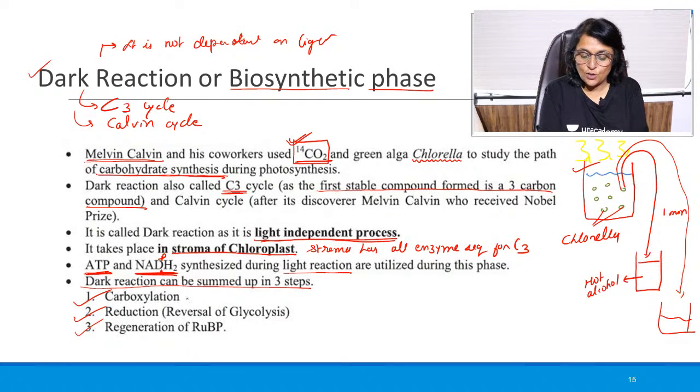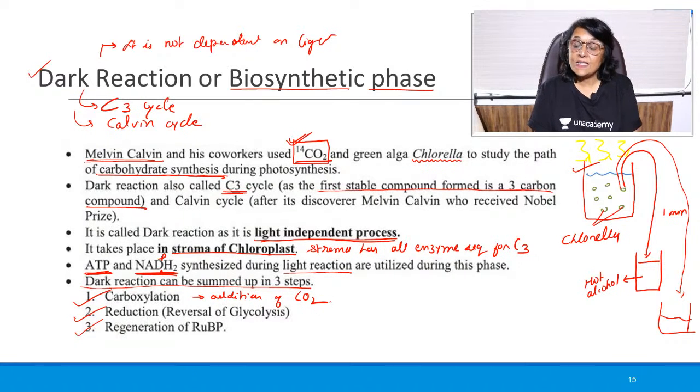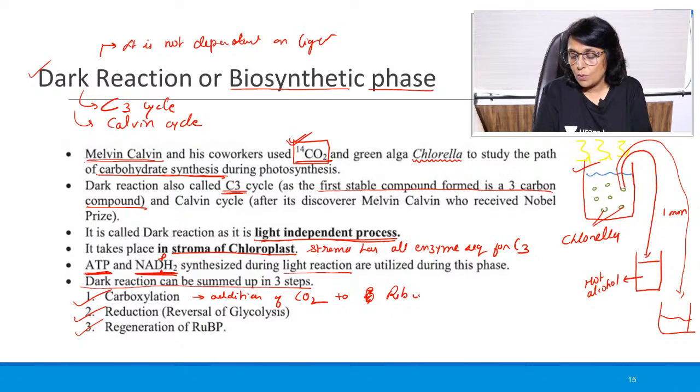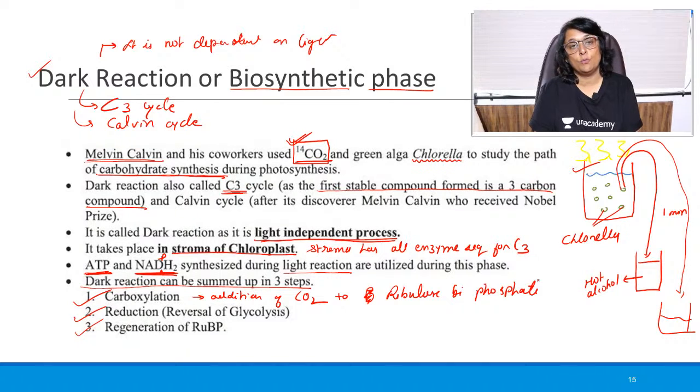Carboxylation is addition of carbon dioxide to something. Addition of carbon dioxide, and this carbon dioxide is getting added to RUBP, ribulose biphosphate. Its abbreviation is RUBP.